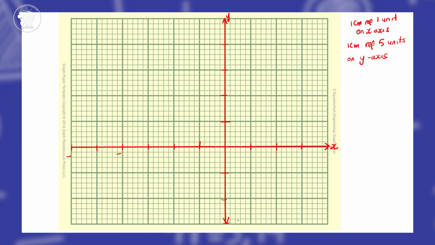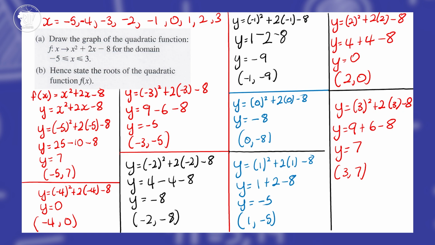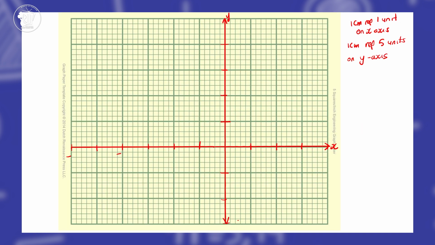So in order to cater for all of the x coordinates that we found, and we saw x range from negative 5 all the way to 3, we will say let 1 cm represent 1 unit on the x-axis. So from here to here it would be 1, 2, 3, and then here it would be 4. It would be negative 1, negative 2, negative 3, negative 4, negative 5, and negative 6.